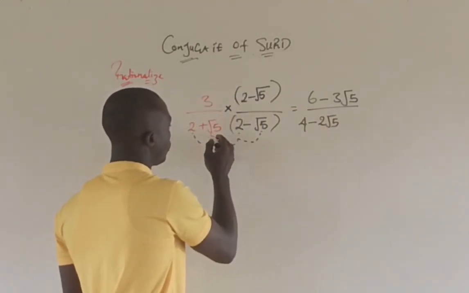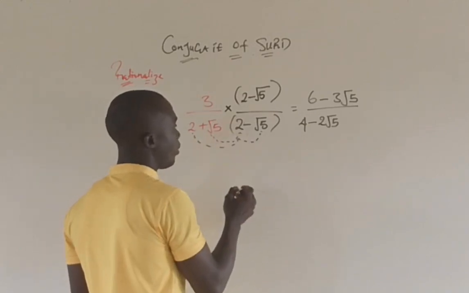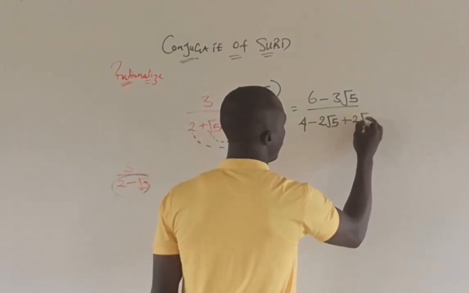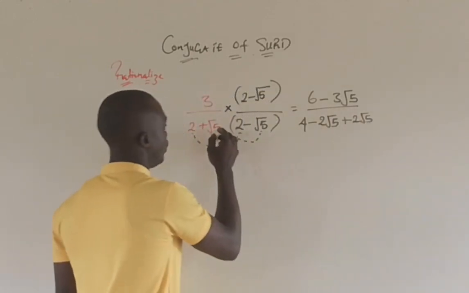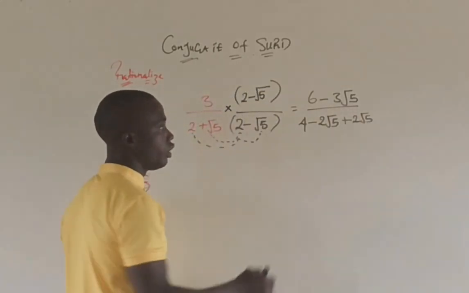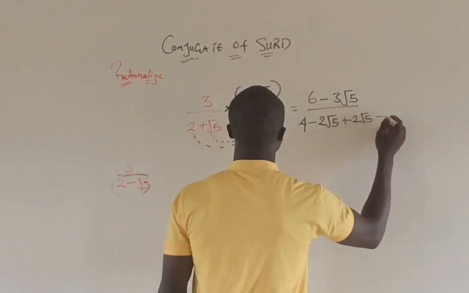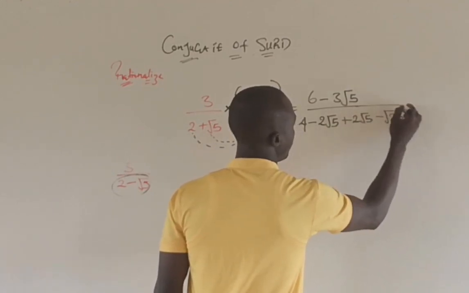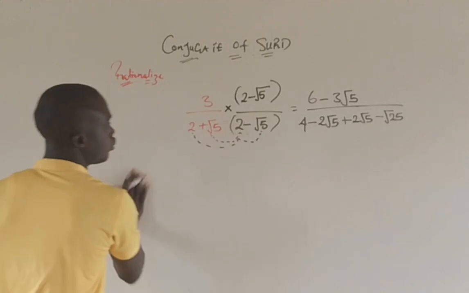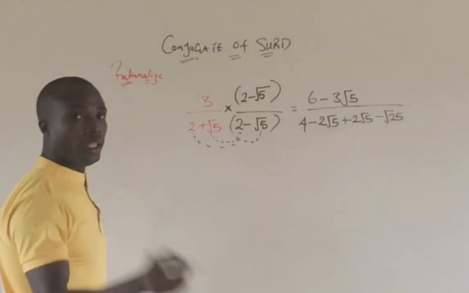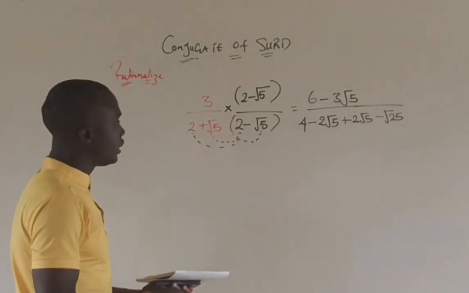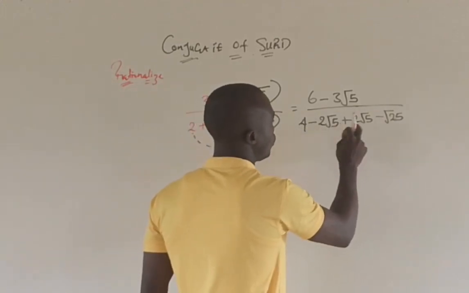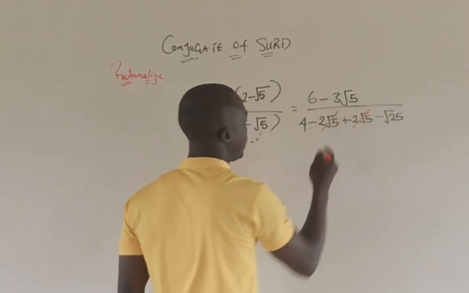Then plus root 5 times 2 will give us plus 2 root 5. Root 5 times root 5 will give us minus root 25. So in this place here, minus 2 root 5 plus 2 root 5 will cancel themselves.